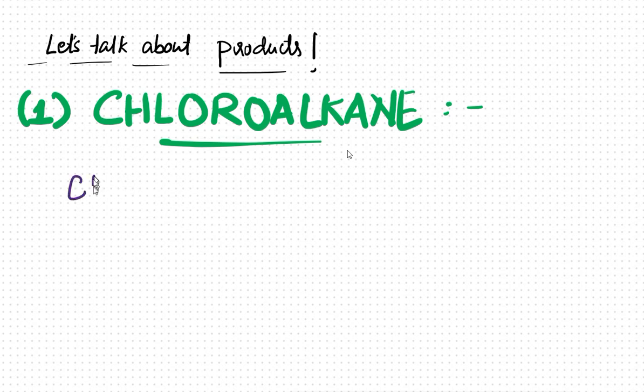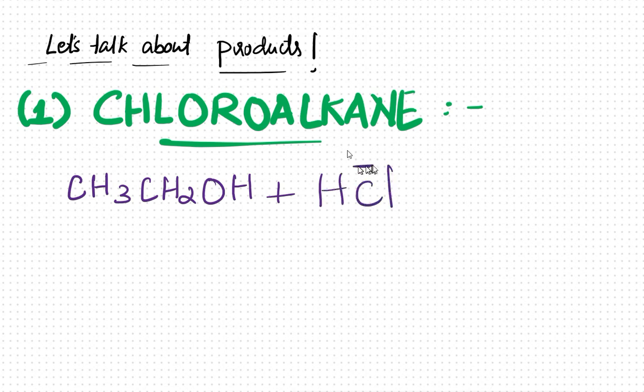If you have your alcohol, CH3CH2OH, which you can also write as C2H5OH, and you have your hydrogen halide. Now you are preparing chloroalkane, so you will obviously take hydrogen chloride. Remember, the halogen atom in the hydrogen halide must be the same as the halogen you want in the product.